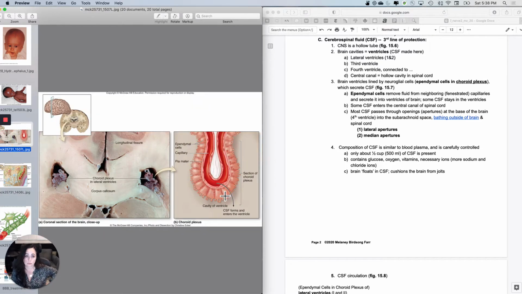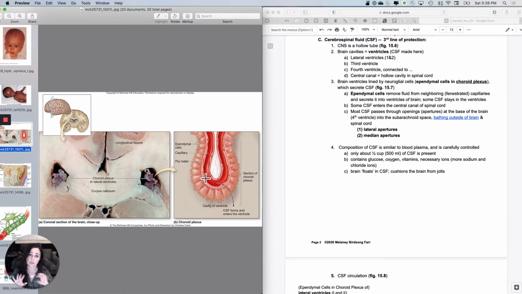So these glial cells, so if this portion right here was a ventricle, okay, and this is a coronal section of the brain, and you're actually seeing some ventricles right there. So if this was a ventricle, then these ependymal cells will snuggle up to a capillary in the brain.